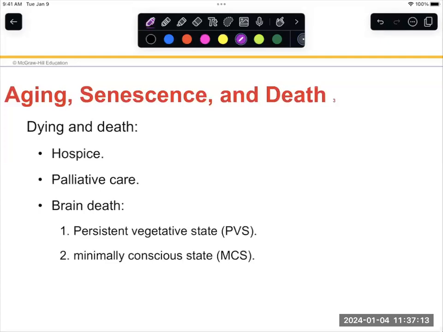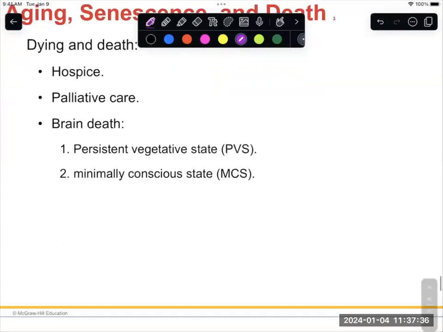The patient's eyes may also open, although they are unaware of their surroundings. Minimally conscious state is a condition of severely altered consciousness in which minimal, inconsistent evidence of awareness of self or surroundings is demonstrated.